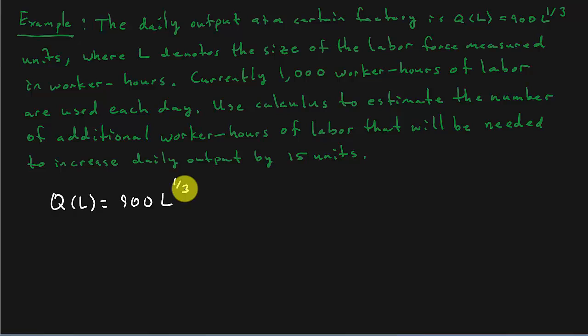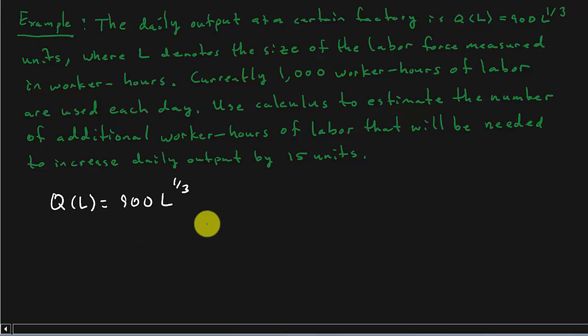Currently, 1,000 worker hours of labor are used each day. Use calculus to estimate the number of additional worker hours of labor that will be needed to increase daily output by 15 units. All right, so let's see what we have.